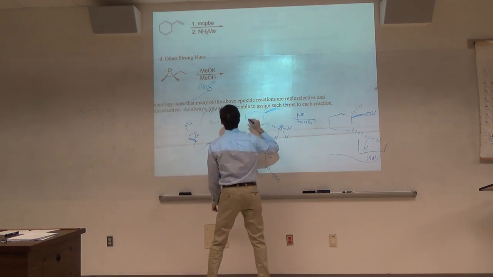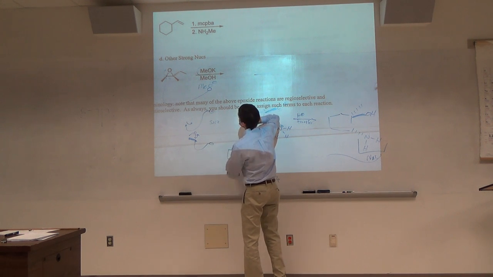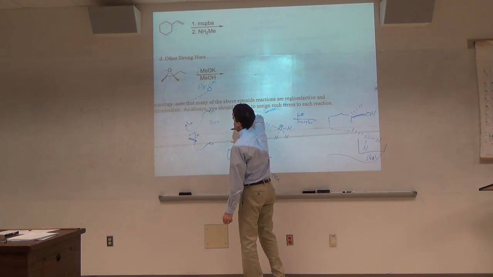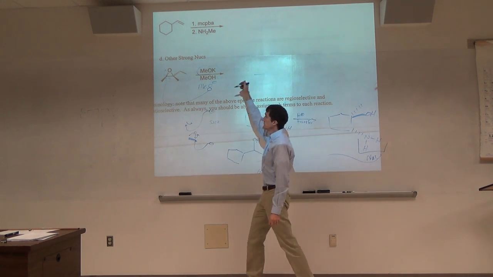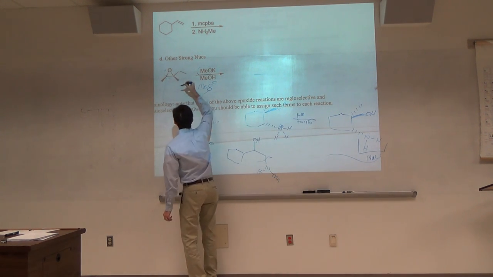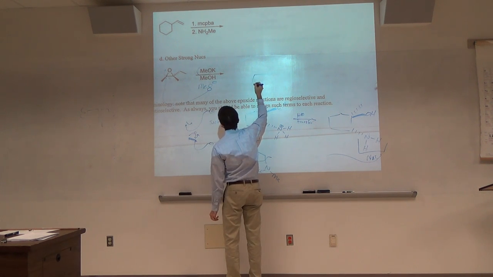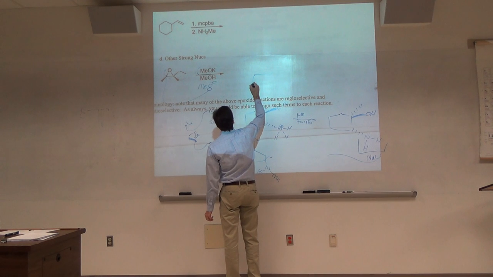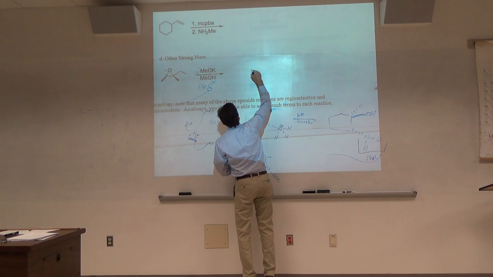What do we get? Here's the epoxide, 2 carbons. The oxygen leaving group is straight up. See how it's straight up? That means the new group is going to be straight down. And that's what? O-methyl. The methyl's still there.